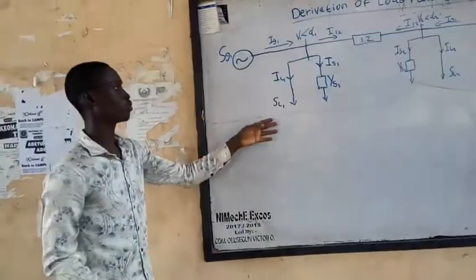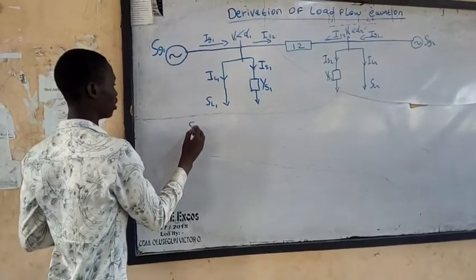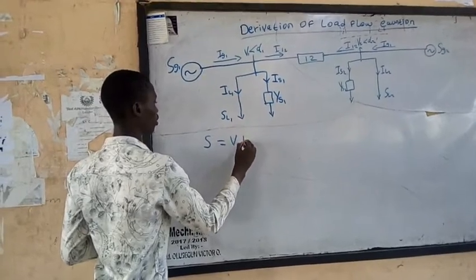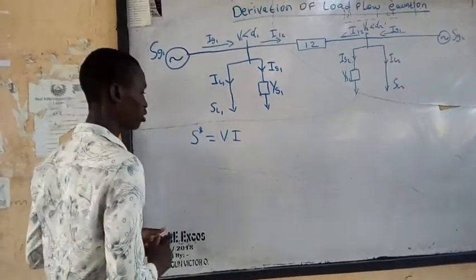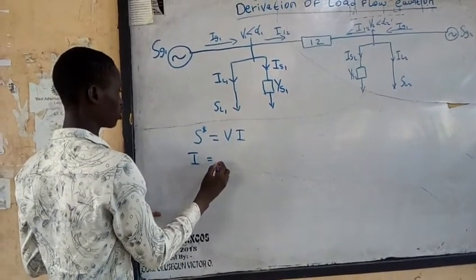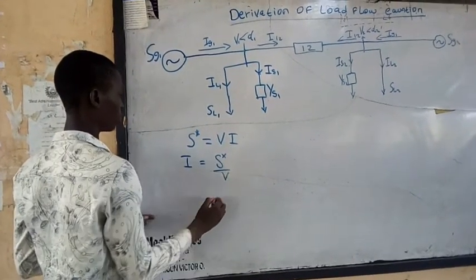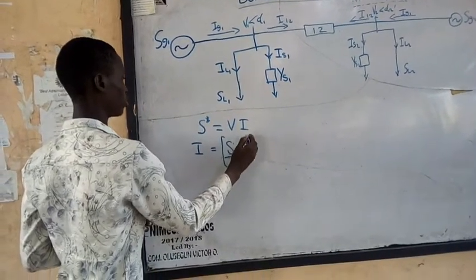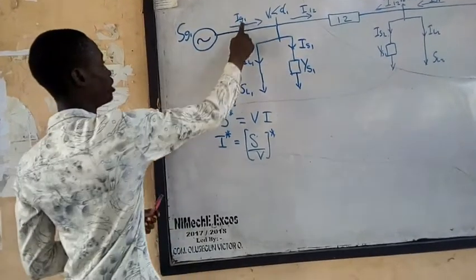Now, having this expression on the board, we can now have an expression known as reactive power equals V1. Okay, so from here we can say our I is equal to S over V. That is where we can now look for IG1.